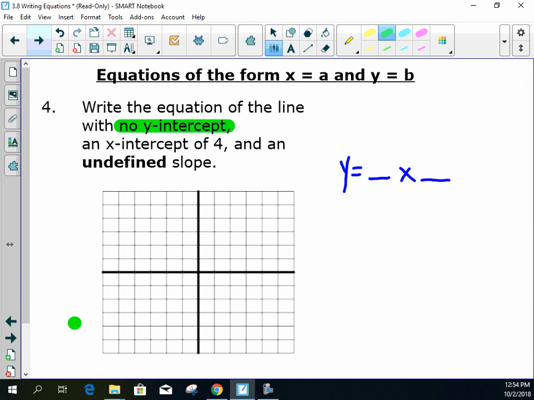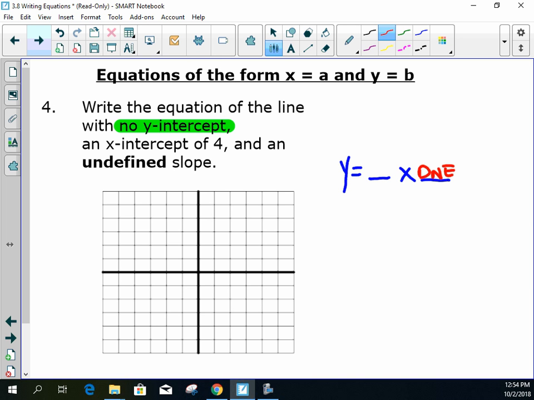I don't write 0. A y-intercept of 0 is right here at the origin. So I do not write 0 when it says it has no y-intercept. I write no or does not exist. I don't write 0. And its slope is undefined.